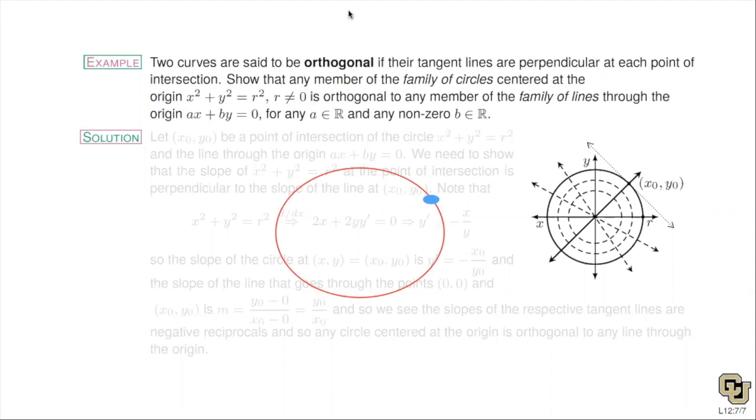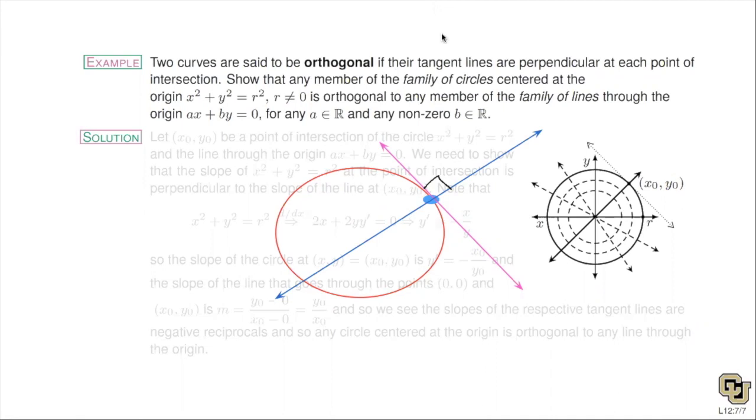Now, I want to show that the tangent line to the circle, which would look like this, is perpendicular to any line that goes through the origin. So there, I've drawn a line going through the origin. I want to show this tangent line of the circle is perpendicular to the tangent line of this line going through the origin.